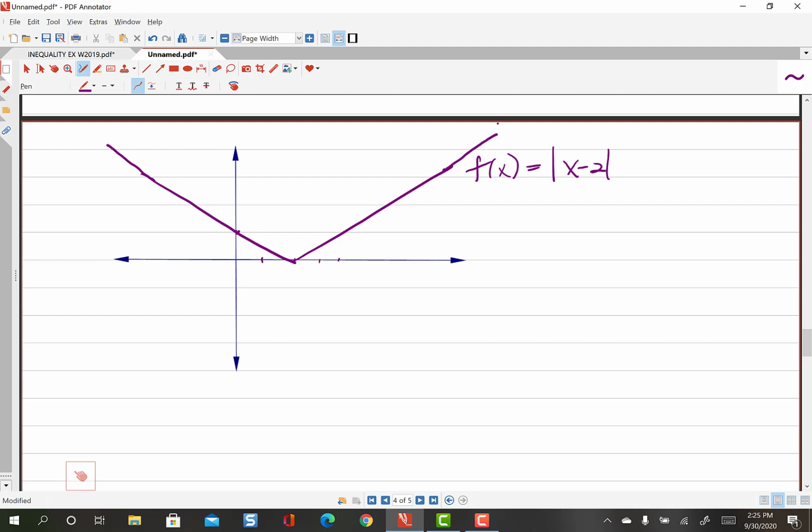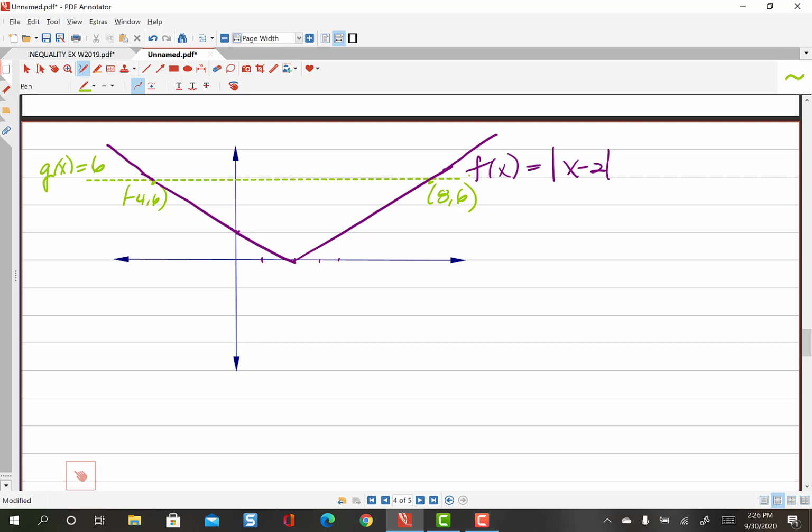So what I have here in green, I'll color code this, g of x is equal to 6. So that dotted line there is g of x is equal to 6. Now, my points of intersection are going to turn out to be at negative 4, 6, and positive 8, 6. All right. Now, there's a couple problems like this in your book.